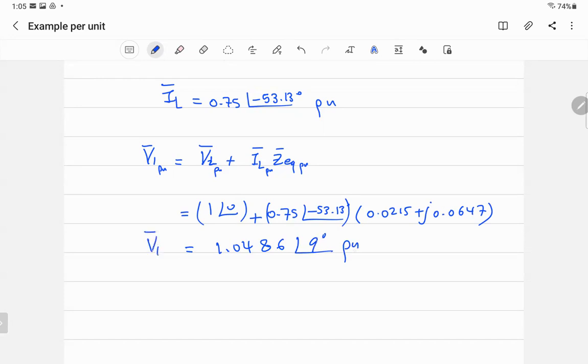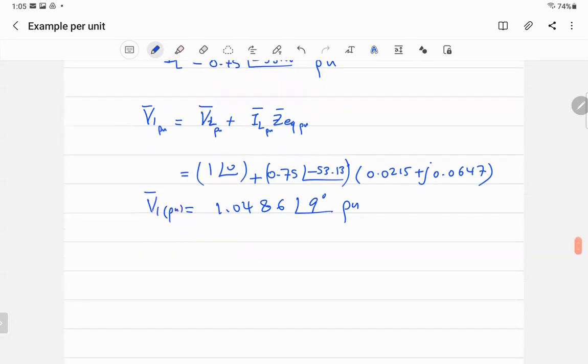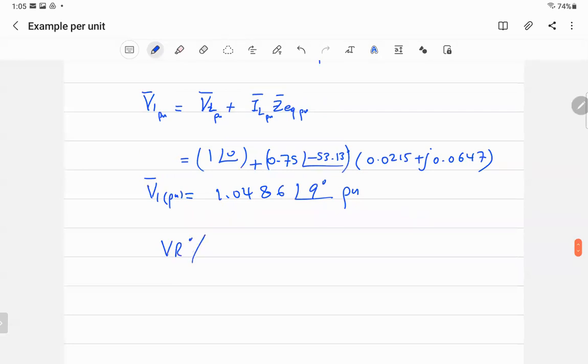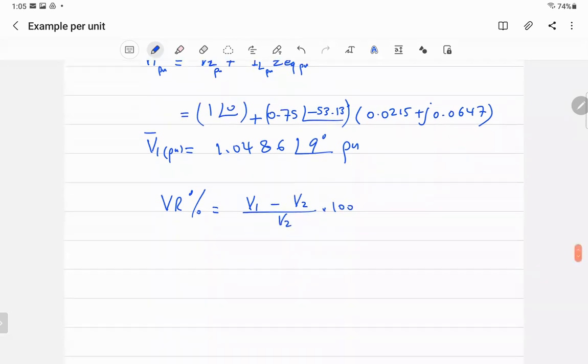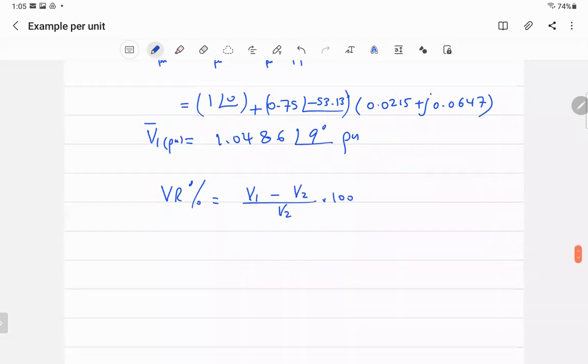That's V1 per unit. How do you find the voltage regulation? You take V1 minus V2 over V2 times 100. It's per unit, so V1 is equal to 1.048. I take the magnitude, minus 1, over 1, times 100.